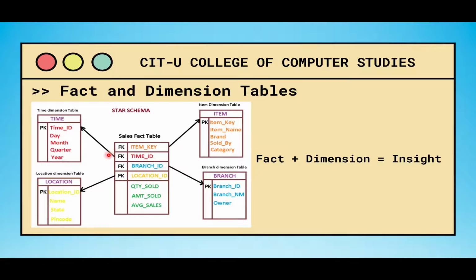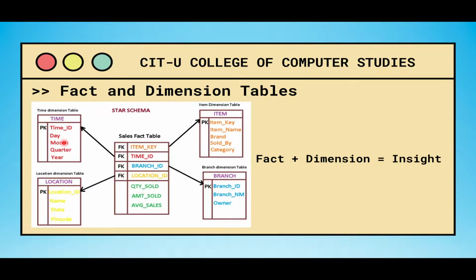For the time ID, we have here our time. For the location here, and then we have the branch. So if you check all the dimension tables, they are descriptive in nature. They are just categorical, qualitative in nature.